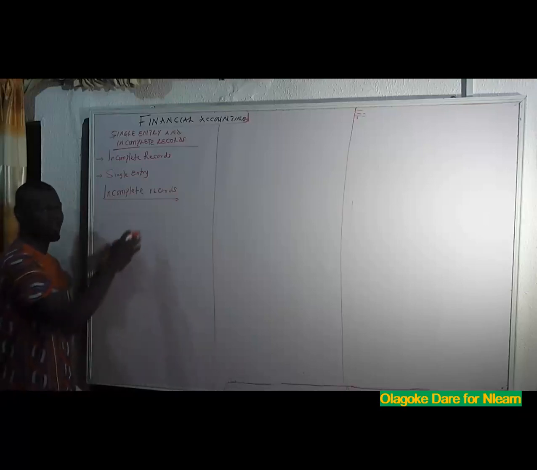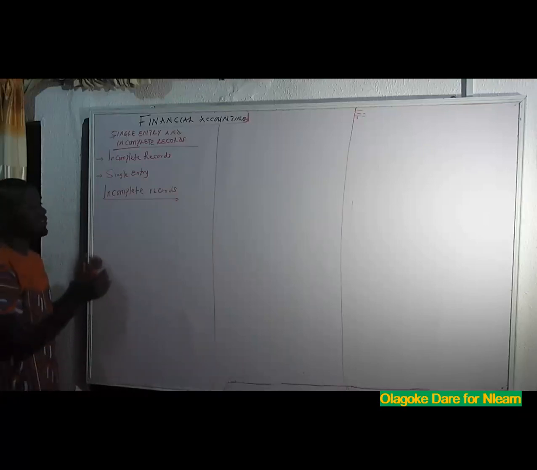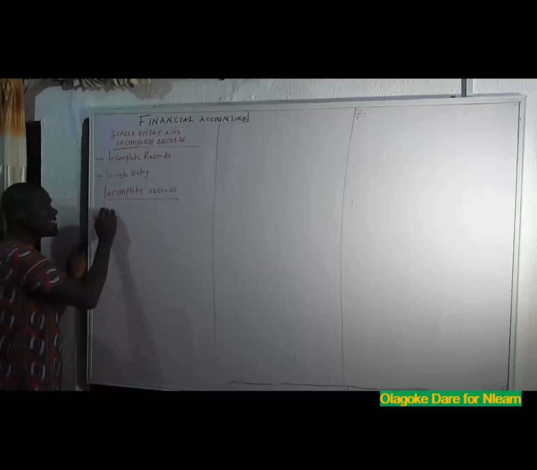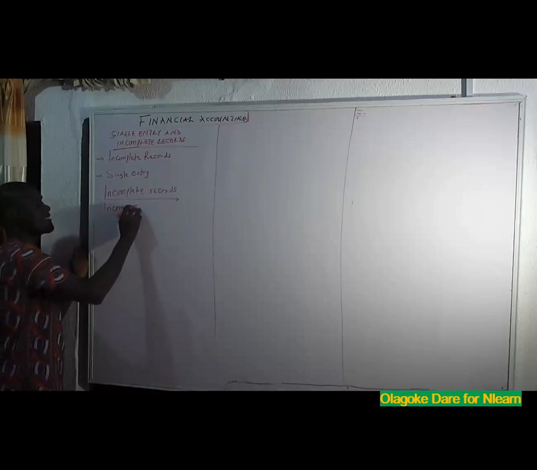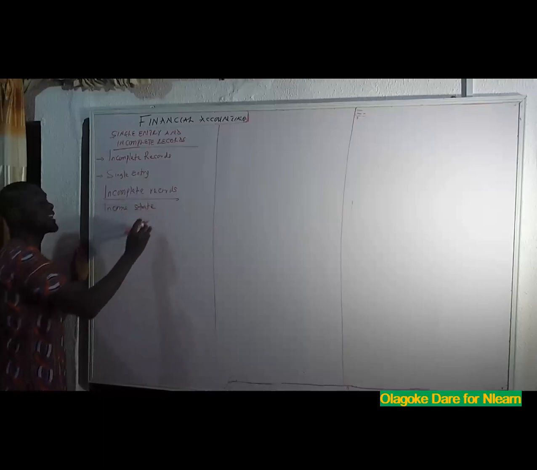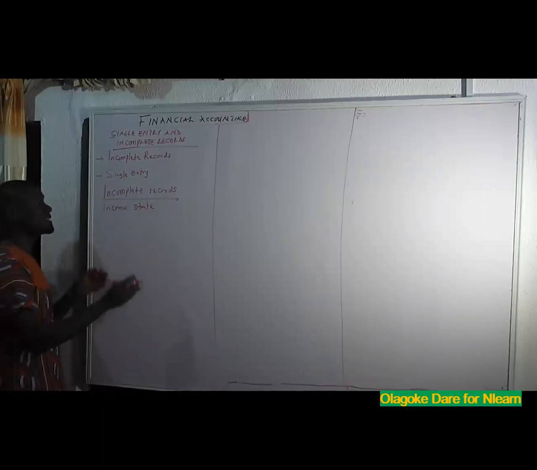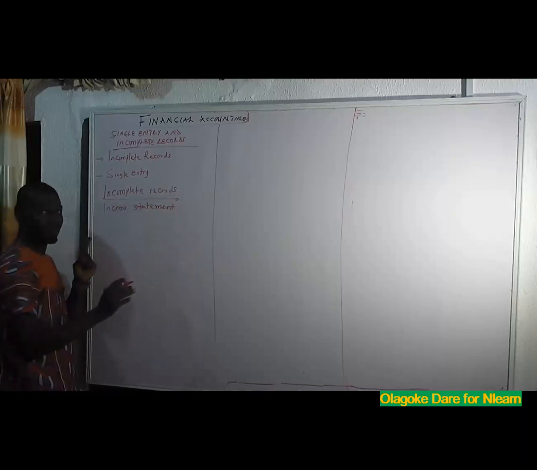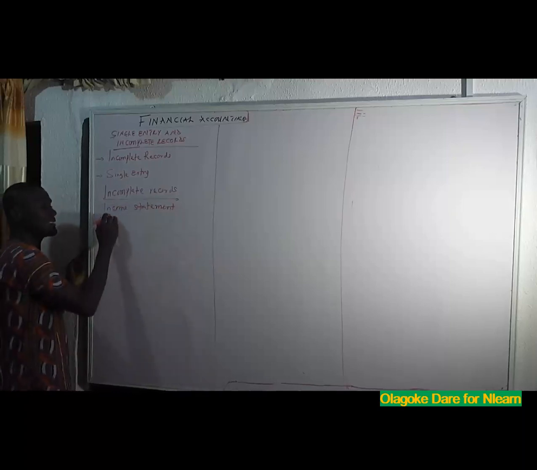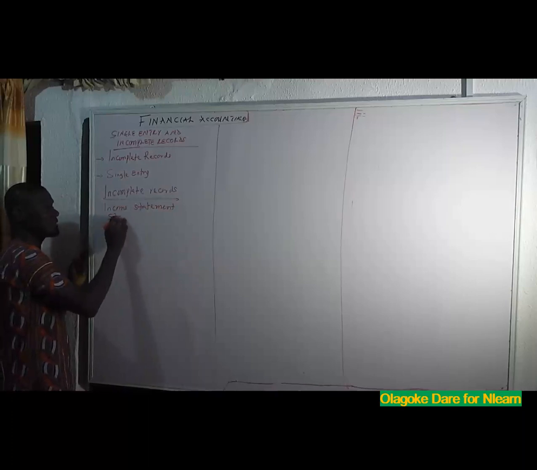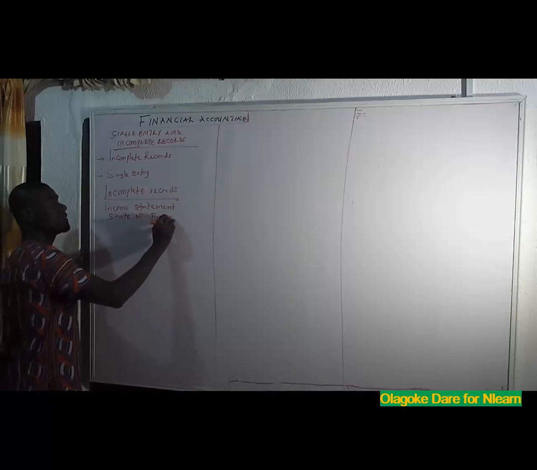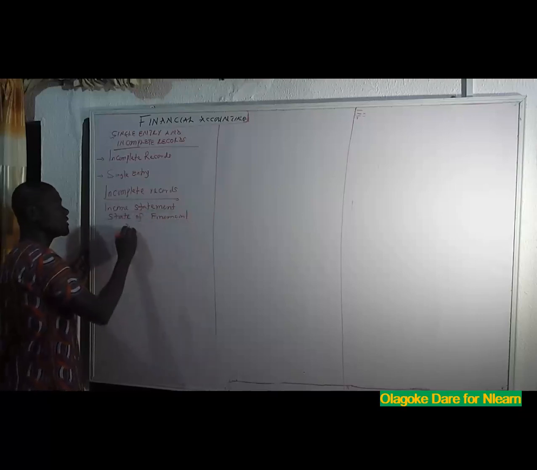So incomplete records is a situation where it is difficult to prepare income statements and statements of financial position.